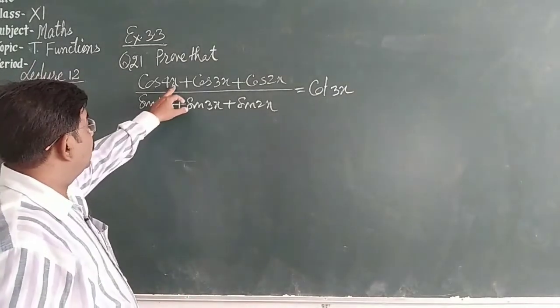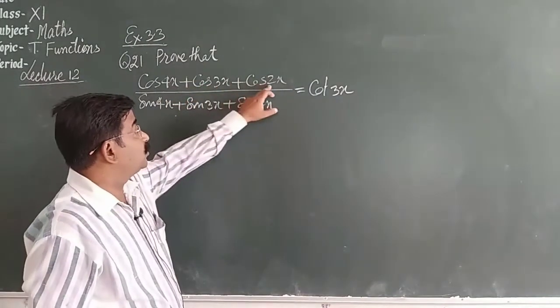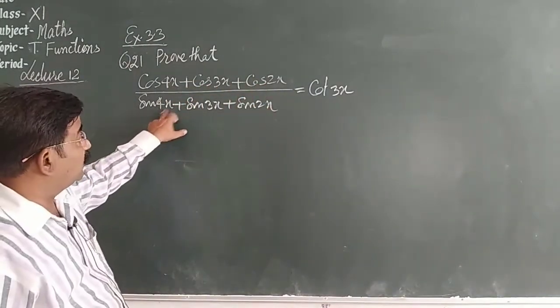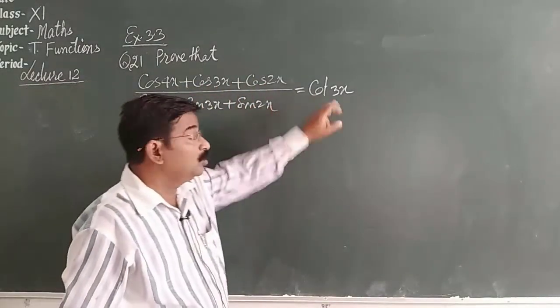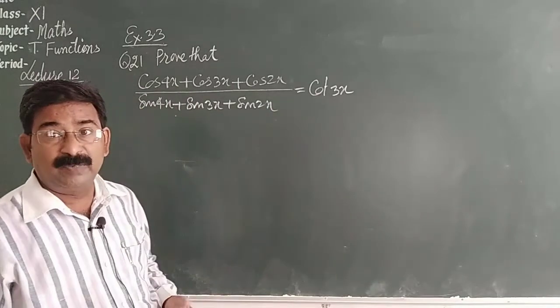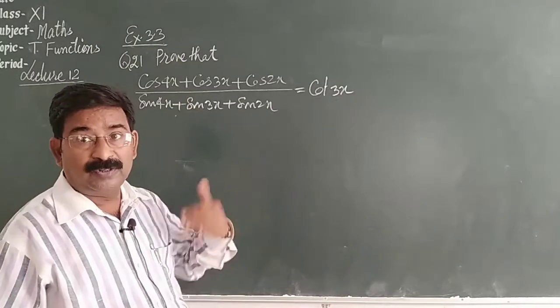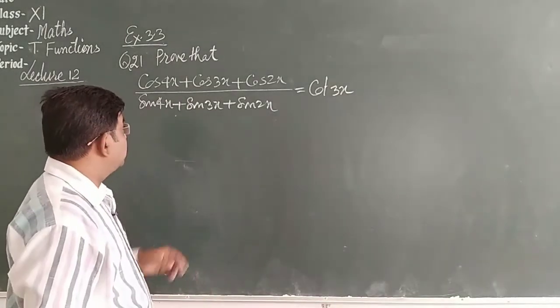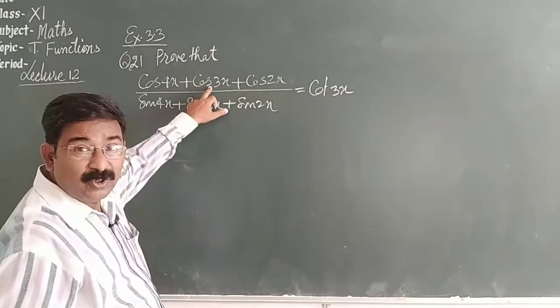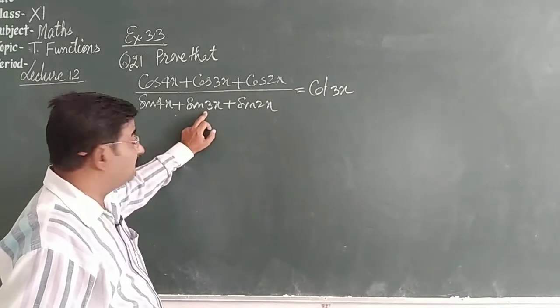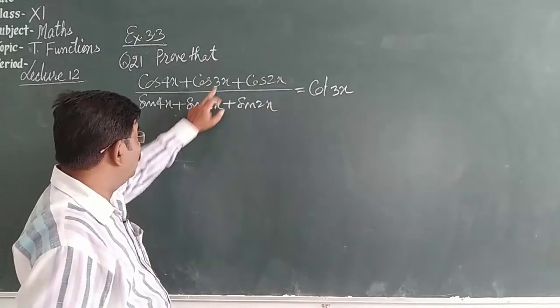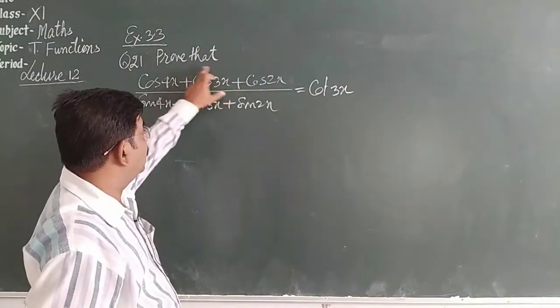See, we are given cos 4x plus cos 3x plus cos 2x upon sin 4x plus sin 3x plus sin 2x is equal to cot 3x. Cot 3x means we have to bring cos 3x upon sin 3x. Very simple. See, we have cos 3x in numerator, we have sin 3x in denominator. So this will make the cot 3x.